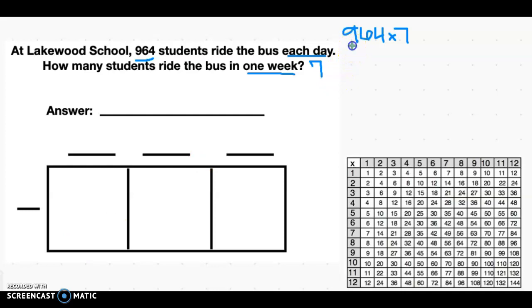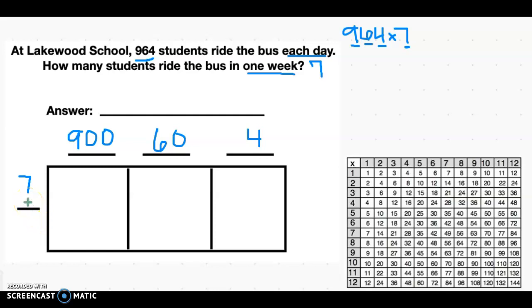In the number 964, I have 900, 6 tens or 60, and 4 ones. I'm going to multiply that by 7, which is my multiplier. I'll put it here.